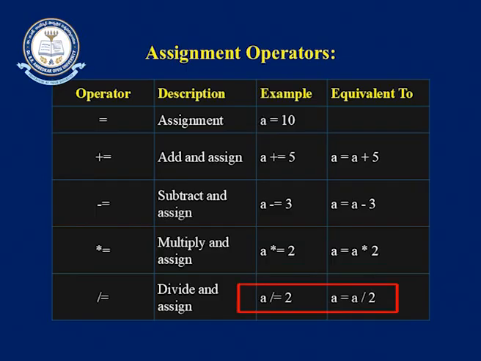And divide and assign performs division on the value of a. So instead of writing a equals to a plus 5 or a equals to a minus 3, we can use these shortcuts: a plus equals to 5, a minus equals to 5.